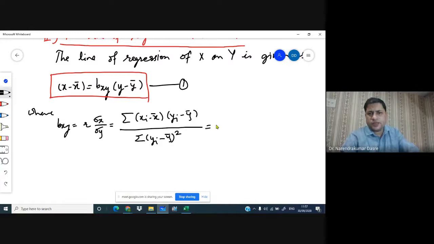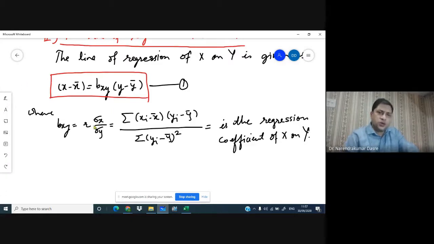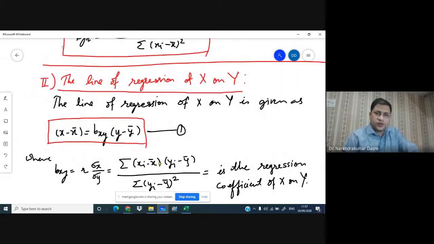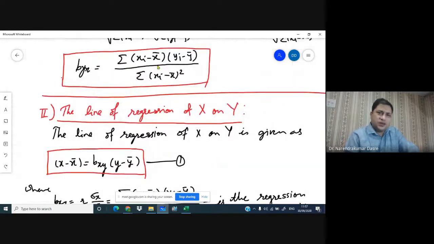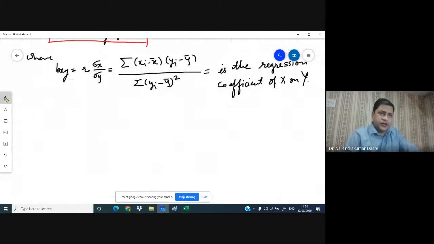This is the regression coefficient of x on y. Okay, so as I have proved, this formula is same as this formula. So similarly, you can prove this. And then you know what sigma x, sigma y, x bar, y bar are. That already we have written in the previous case. Or I'll write it here.